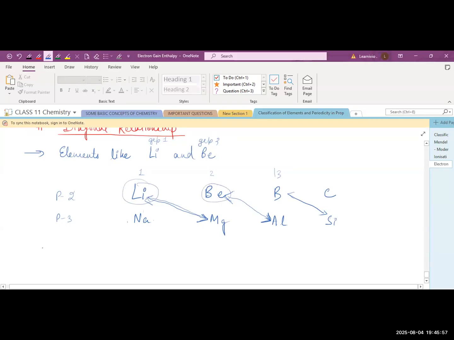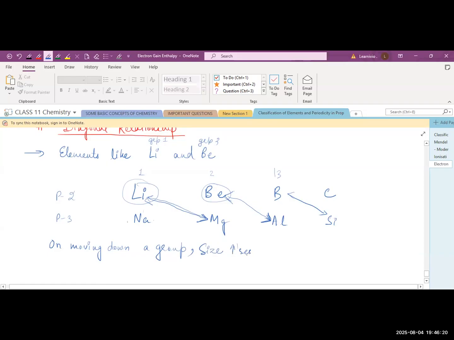So what happens on moving down a group? The atoms and ions increase in size. Atomic size or ionic size increases.